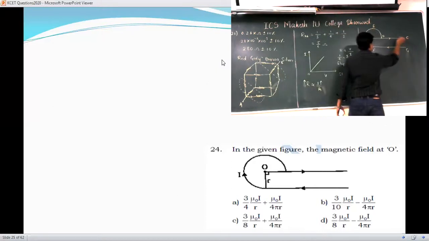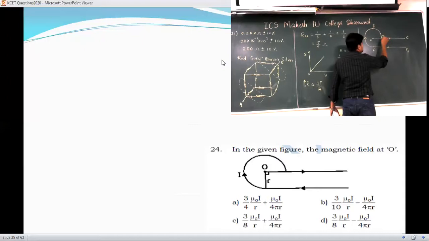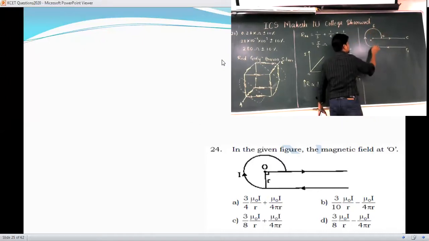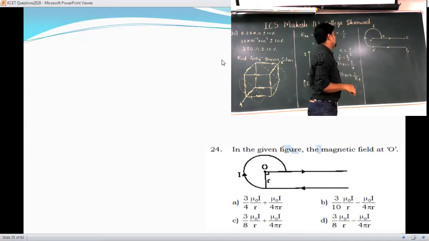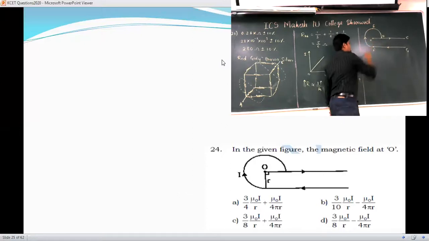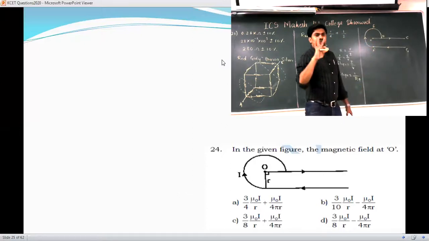This is a straight line C and D, and due to this some magnetic field is produced. You have another conductor, D, E, F, and due to this some magnetic field is produced at point O. And you have FG, which also gives some magnetic field at point O. So three magnetic fields are there.